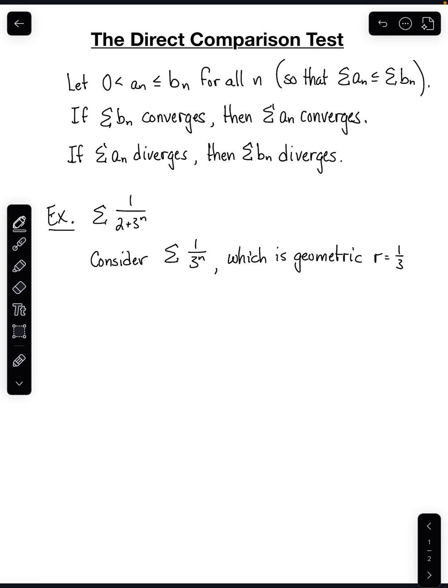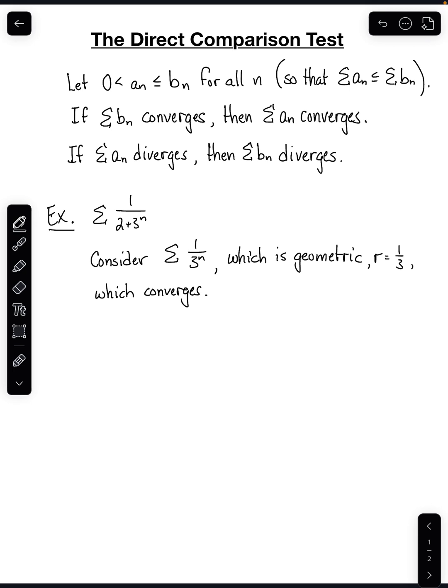Now that being said, the convergence of that is pretty clear. A geometric series does converge. The rule for the geometric series was that if r was smaller than 1, the geometric series converges. Now, what we're seeing here then is that we know this series converges.